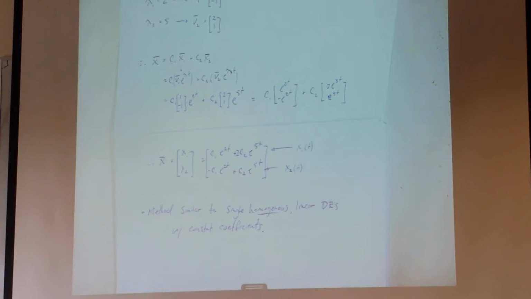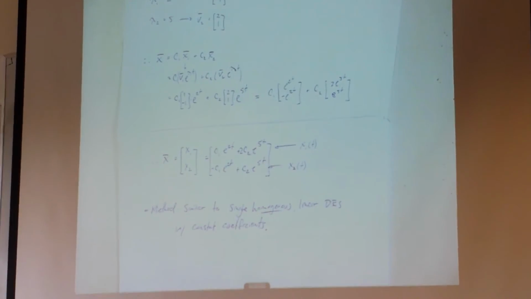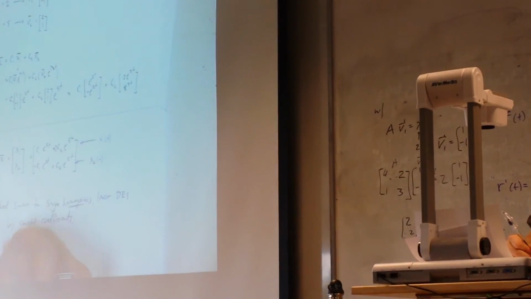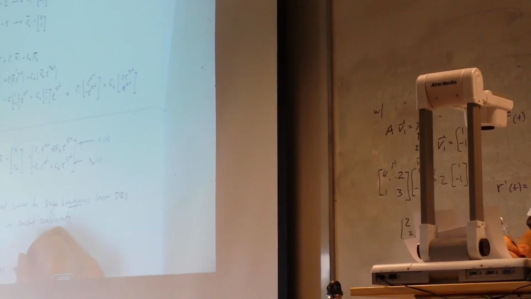Now, I have a section here titled Complex Eigenvalues, and you know what? We're going to skip that today, because I don't want to start it with 20 minutes left. Okay? All right. So we're still in 5.2. We'll finish. Give me more time to think about it, too.